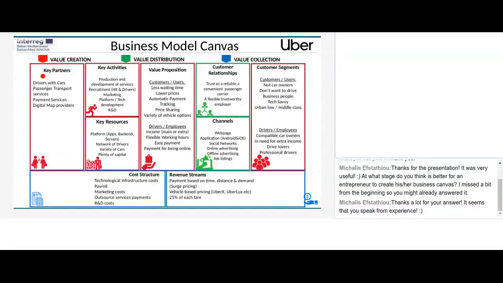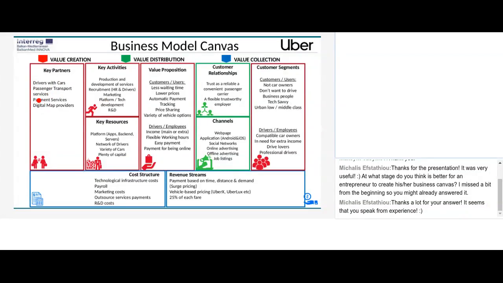Key partners are the drivers with their cars. They're in the customer segments and also partners, because without them it's impossible. The passenger transport services: many transport services are combining forces with Uber in order to make extra revenue.